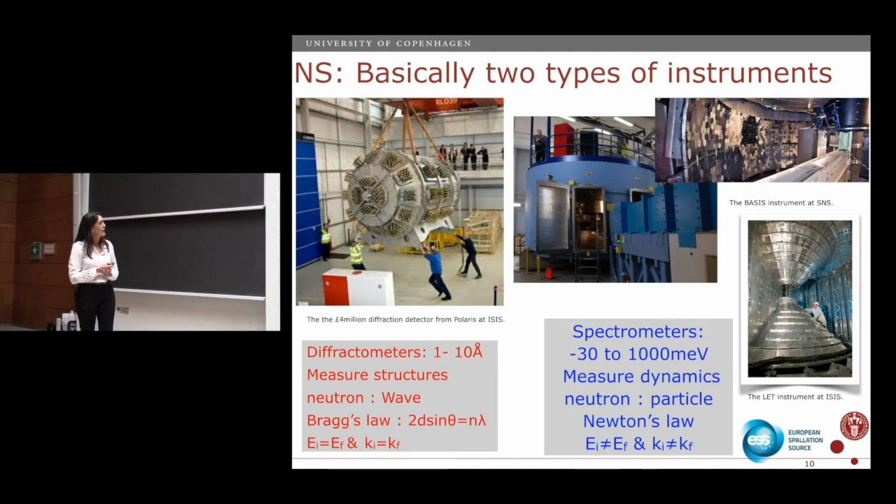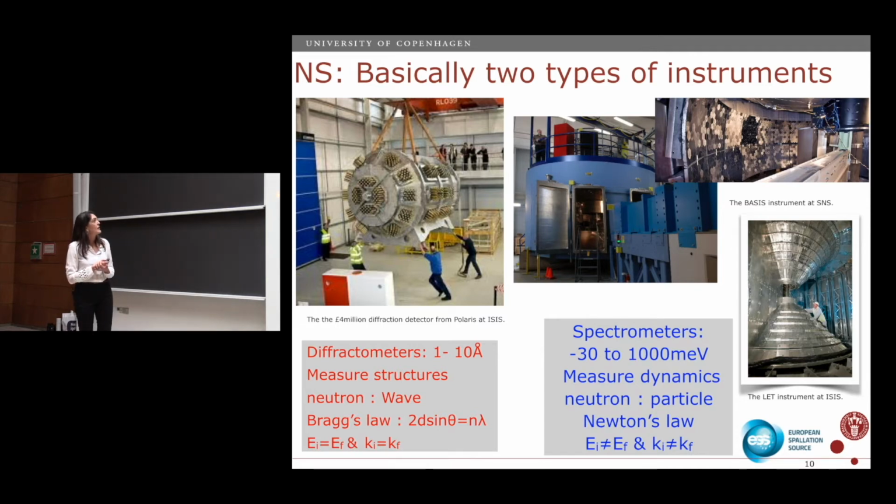And the only thing that we really need to remember here is Bragg's law, that is basically constructive interference, and I don't have an exchange in energy. Or I will use spectrometers where I'm going to measure dynamics, and what is valid here is Newton's law.